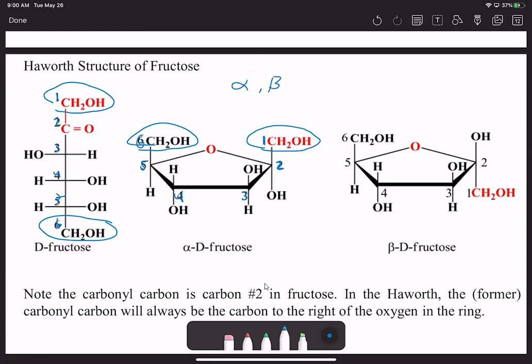and beta, well, we take a look at the hydroxy group. We're always looking at the hydroxy group. And again, we still look at this hydroxy group.